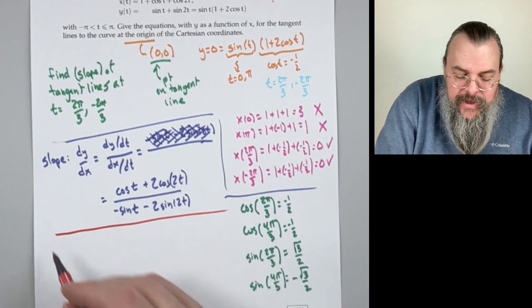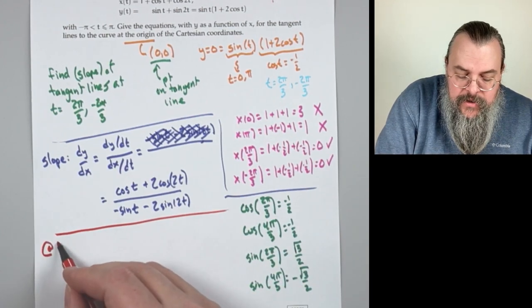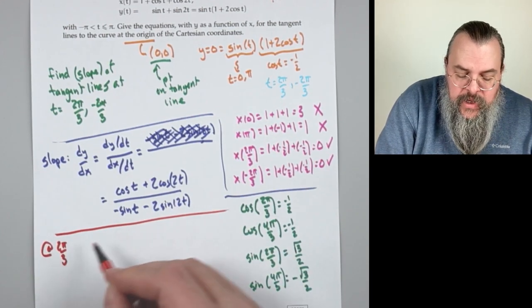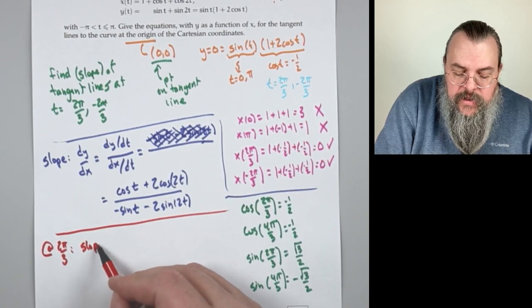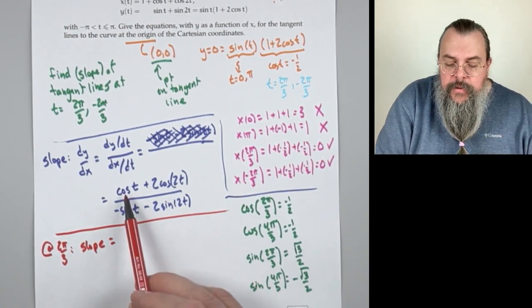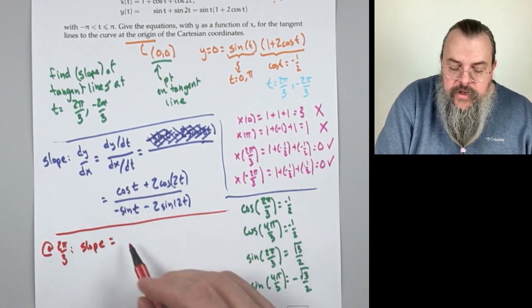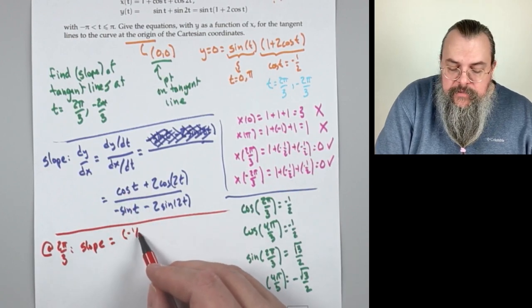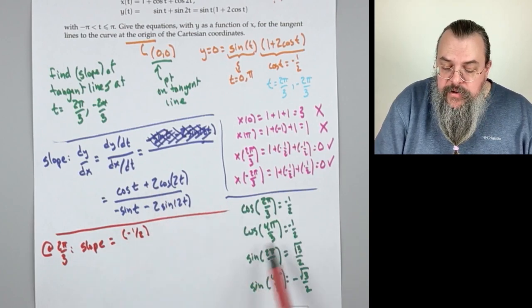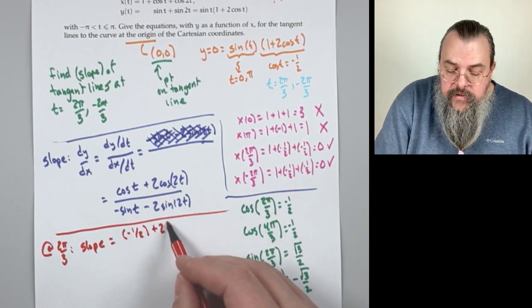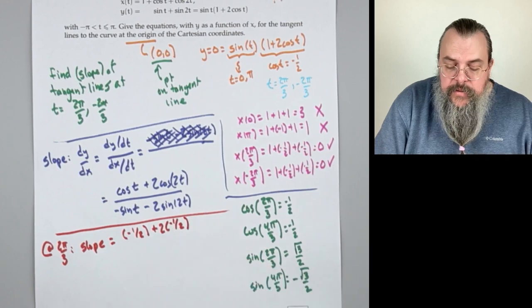Okay, so at 2 pi over 3, we have our slope is, well, plug things in. Cosine 2 pi over 3 is minus a half. 2 cosine of 4 pi over 3 is, again, minus 2 times minus a half.